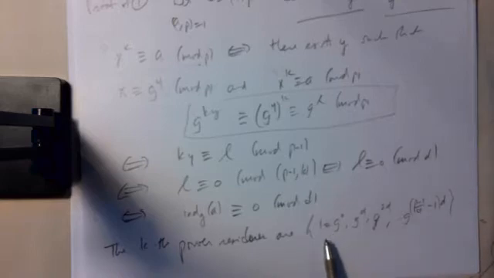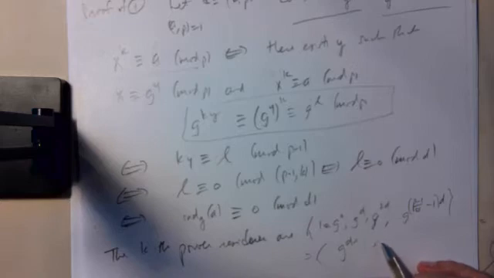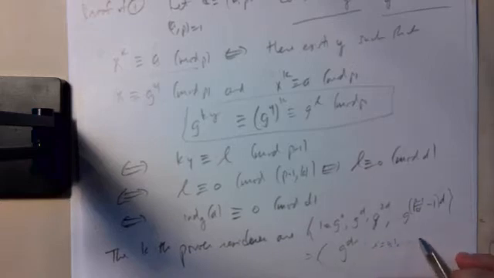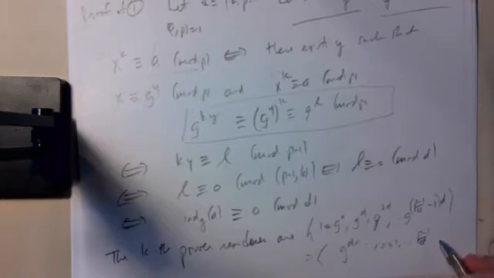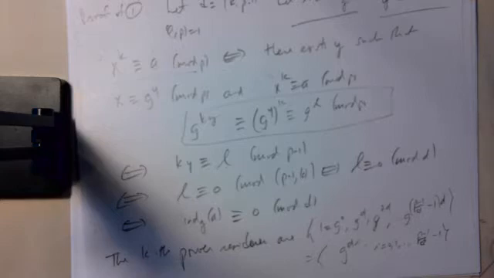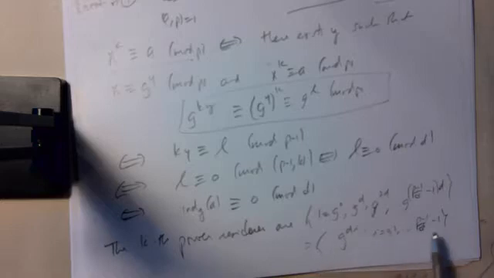So these are the powers of g to the d, all the different powers of g to the d between 0 and less than p minus 1.